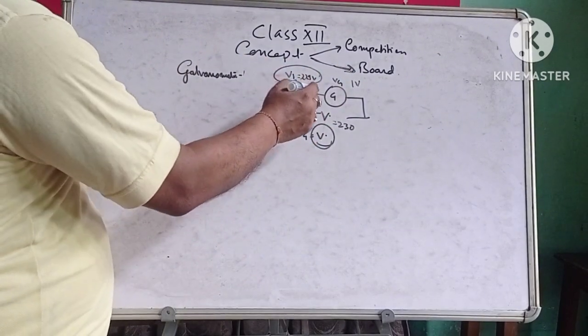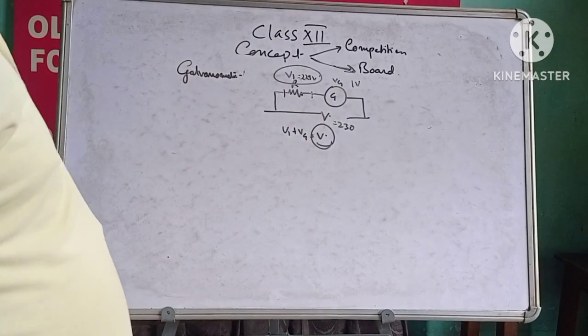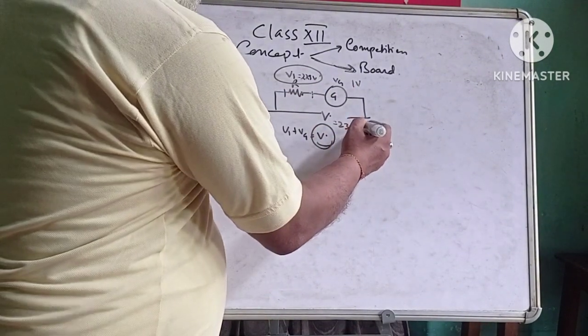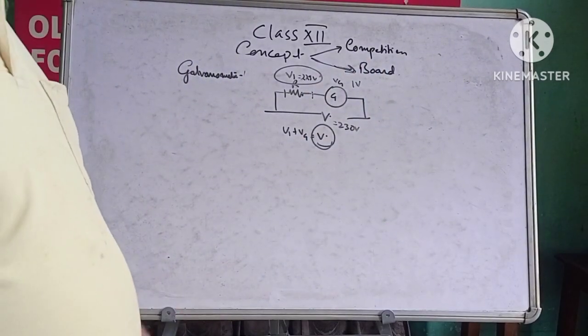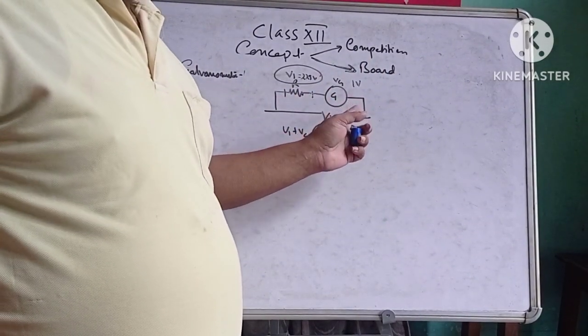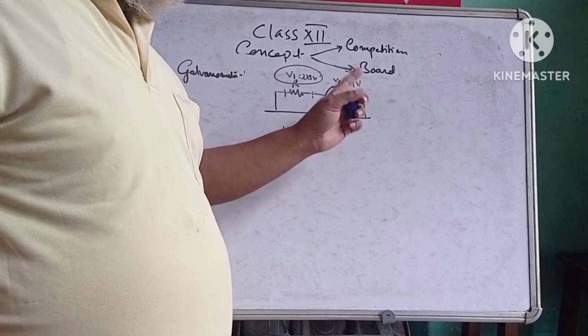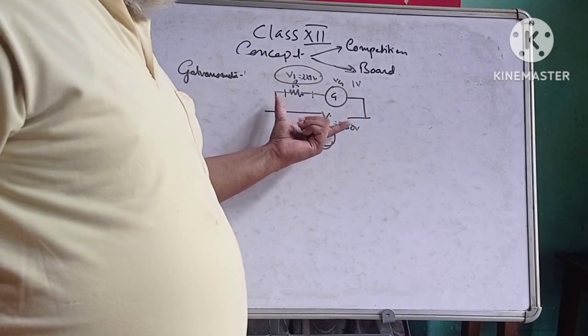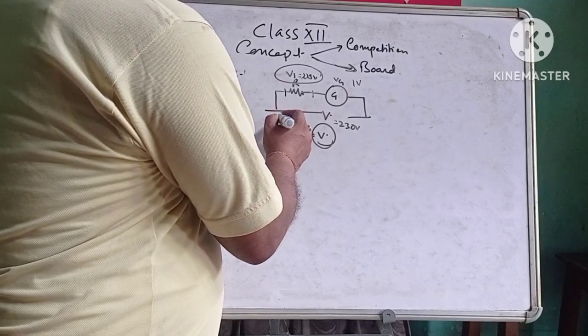The resistance will drop 229 volt here, so this plus this will be 230 volt. I am just giving you an example. So here you will get the full deflection, that is, there is 230 volt potential difference between the 2 points A and B.